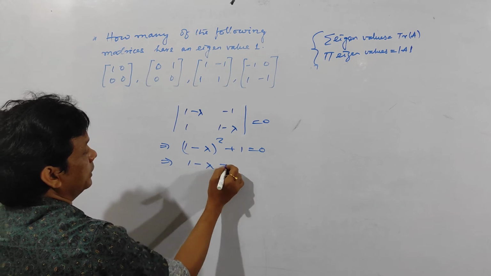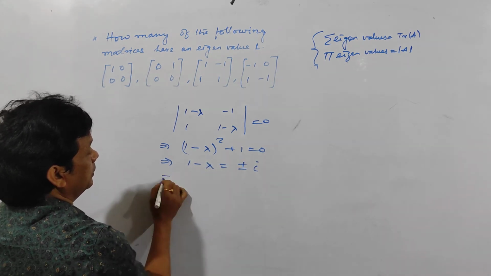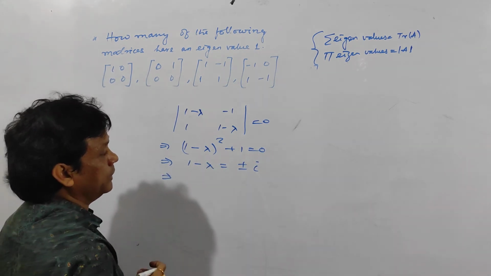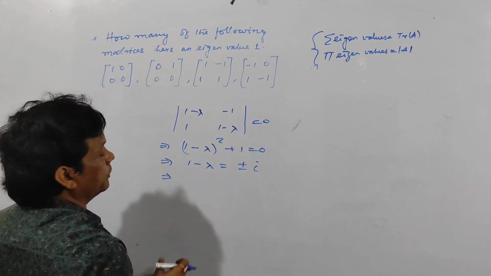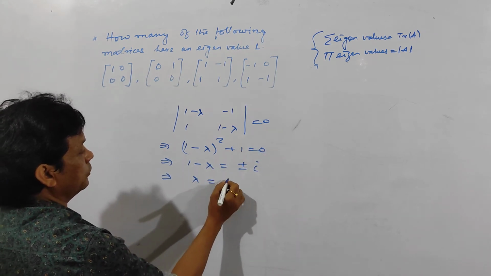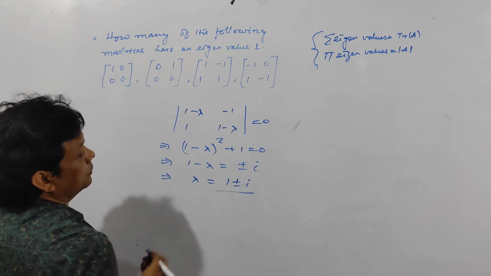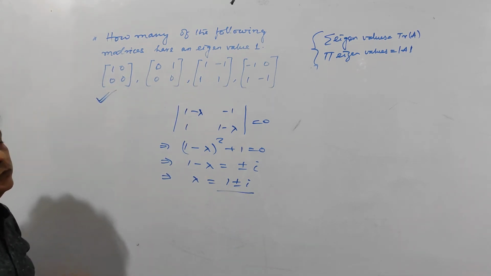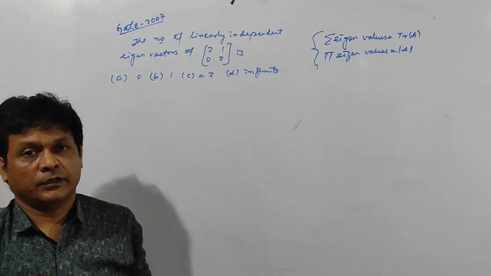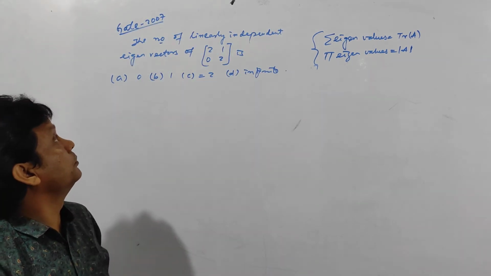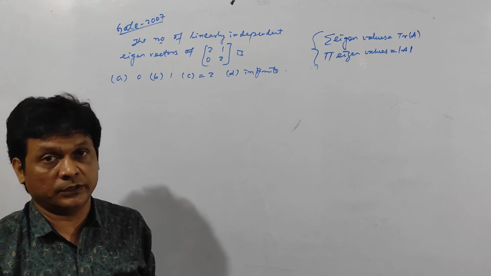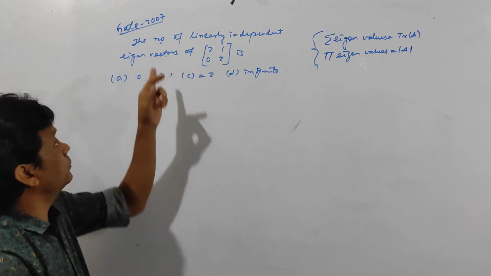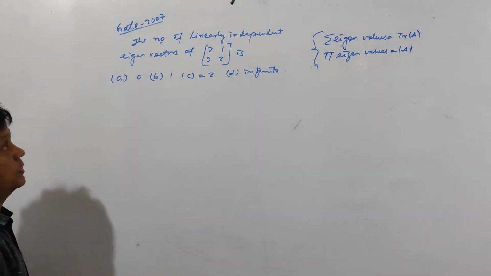So 1 minus lambda is equal to plus or minus i, because plus 1 will go to the right-hand side and become minus 1, and the root of minus 1 is plus or minus i. So lambda is 1 plus or minus i. So these are complex conjugates. So only this matrix has eigenvalue 1. The previous question was from the 2008 GATE. And this was a 2007 GATE question.